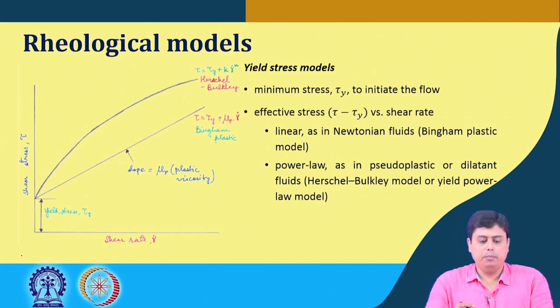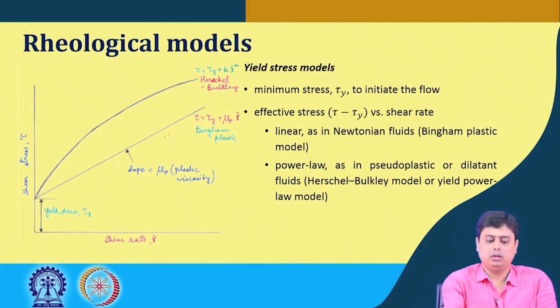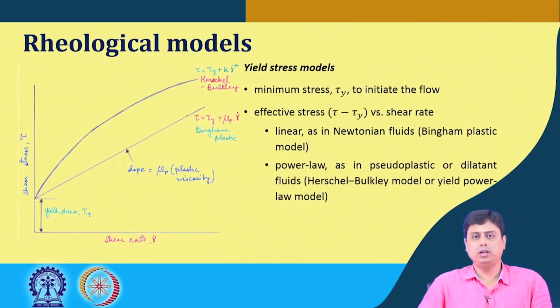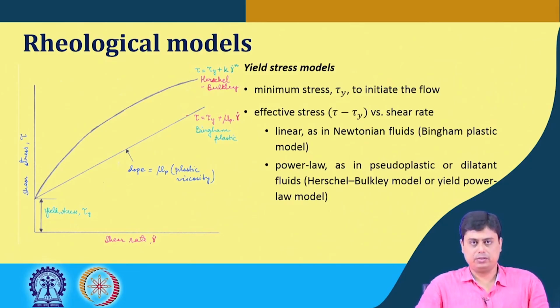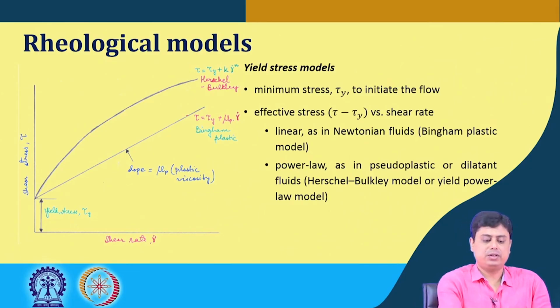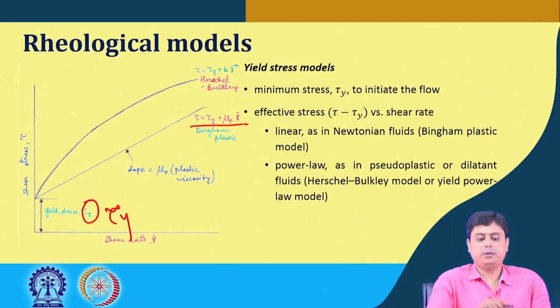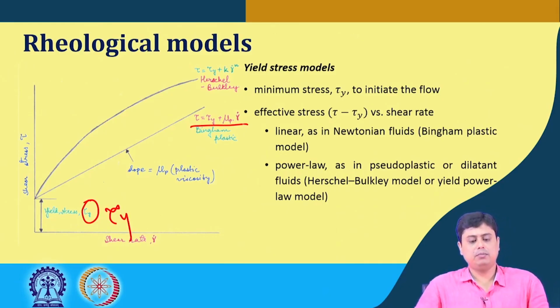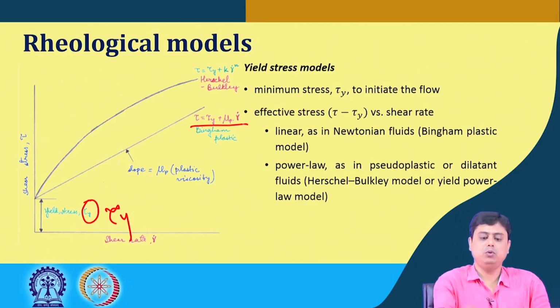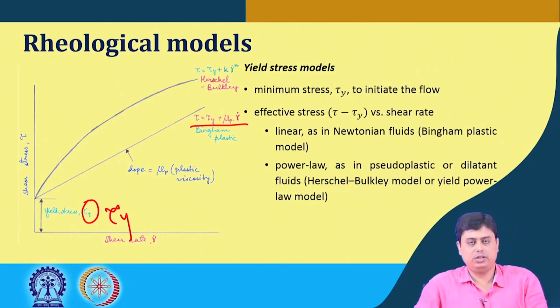So this Bingham plastic behaves as if it is a Newtonian liquid with a yield stress. If the yield stress is tau y, the expression of the shear stress for Bingham plastic becomes tau y, the yield stress, plus mu p times the shear rate.